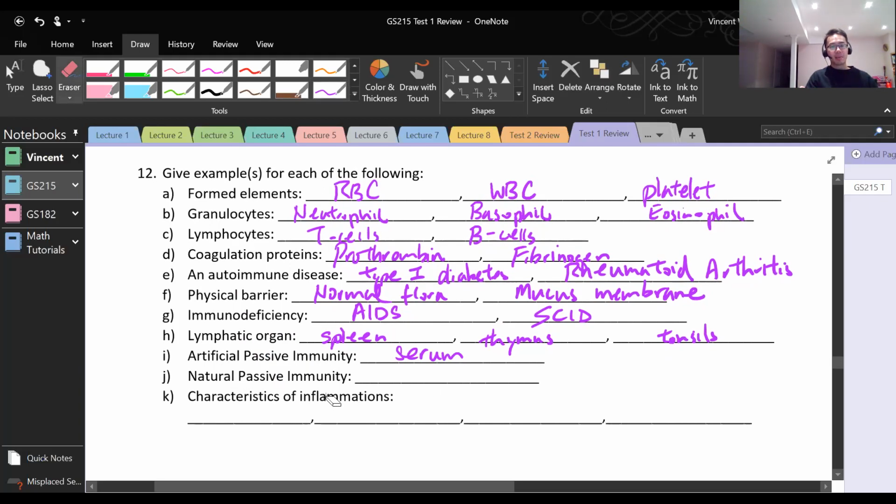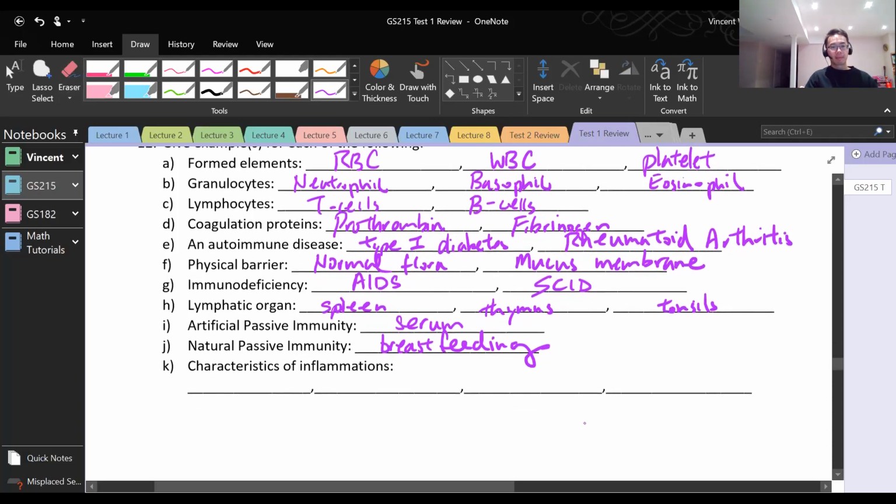Natural passive immunity, that would be like breastfeeding. Okay. Characteristics of inflammation: redness, swelling, pain, and heat, right? Warmth.